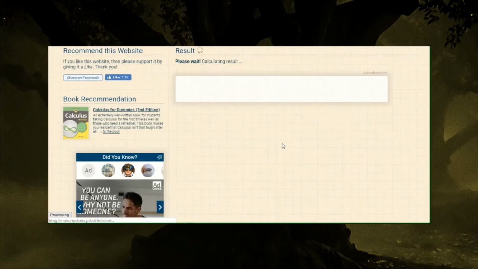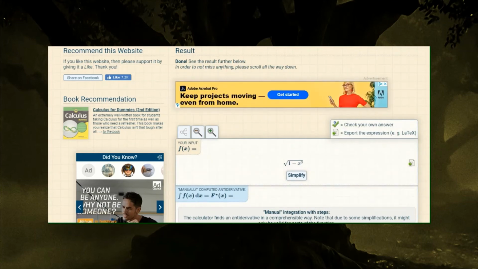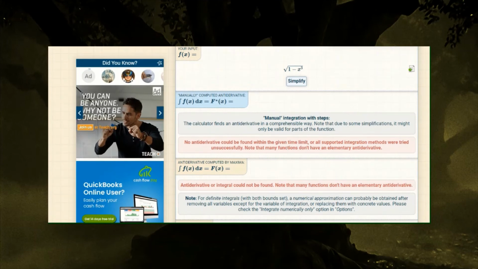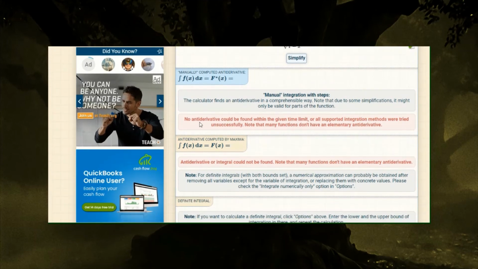So I'm not putting limits in because I just want to see if the antiderivative exists. Alright, let's have a look. Manual integration with steps. Oh dear, no antiderivative could be found within the given time limit. Or all supported integration methods were tried unsuccessfully. I think that's what happened.